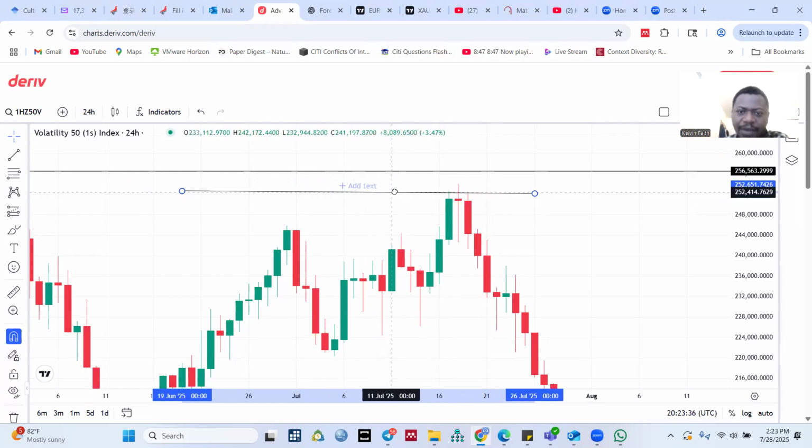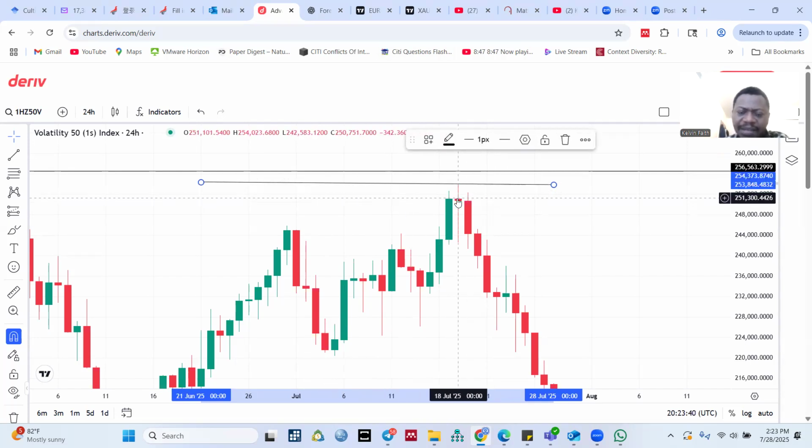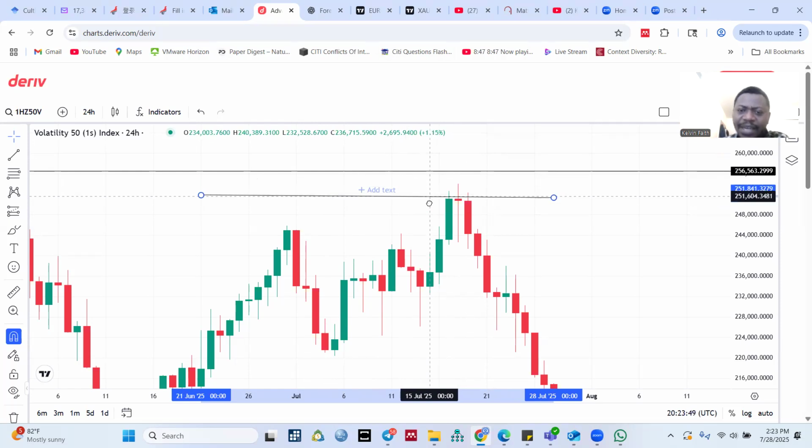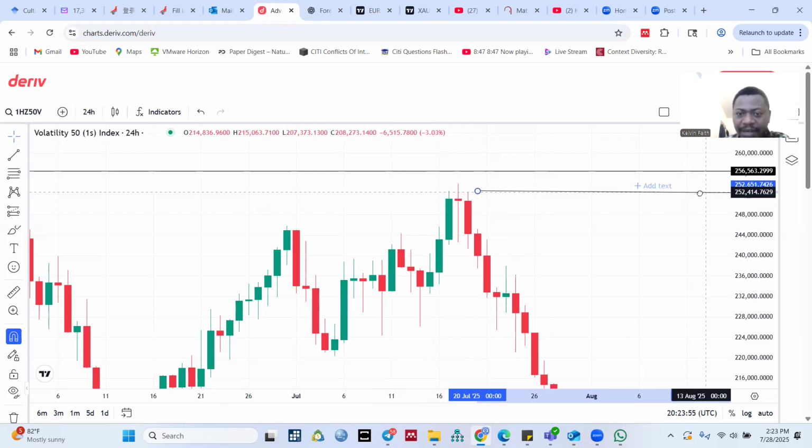Then we have a higher high. A higher high means another candle that pushed up higher than this previous high. Then the third candle gives us a high that is lower. It's still at the top, but this red candle is a lower high.